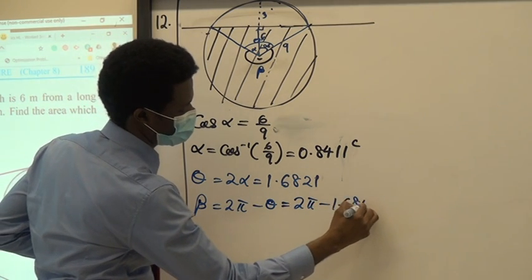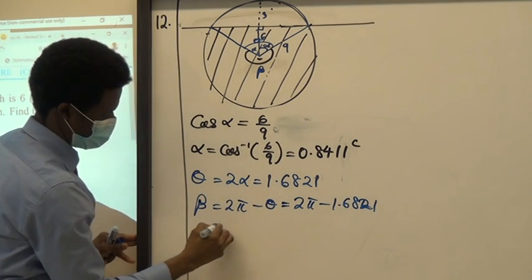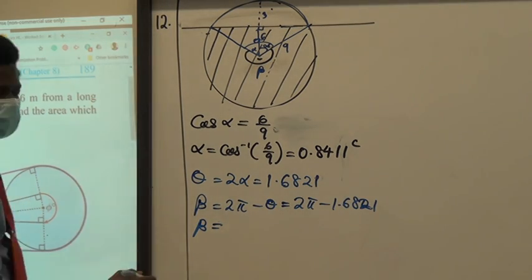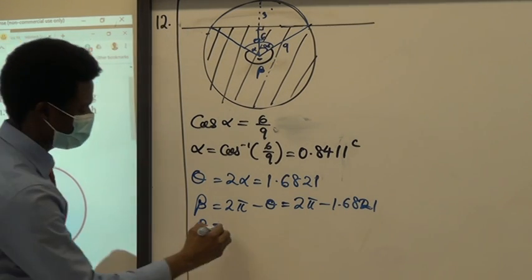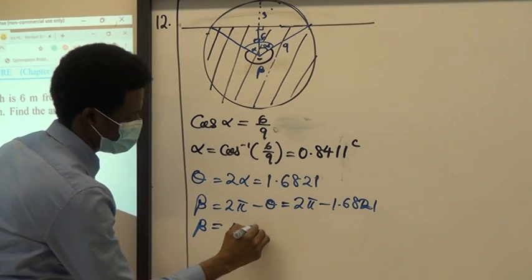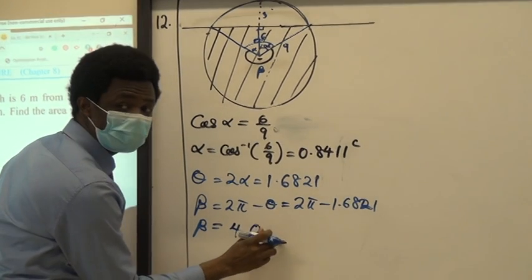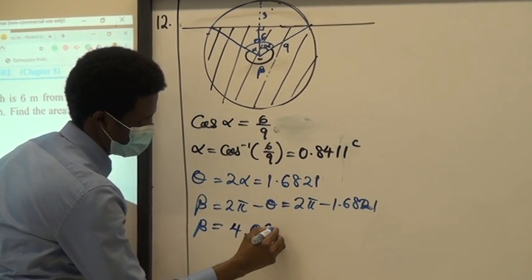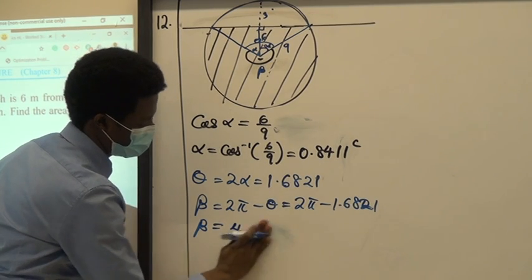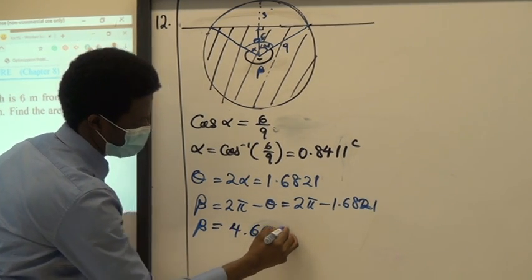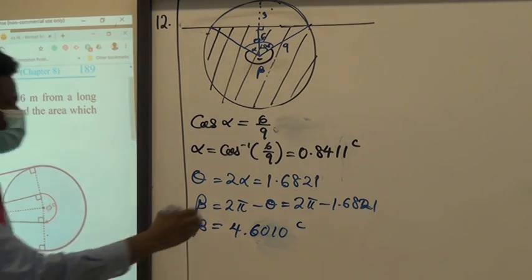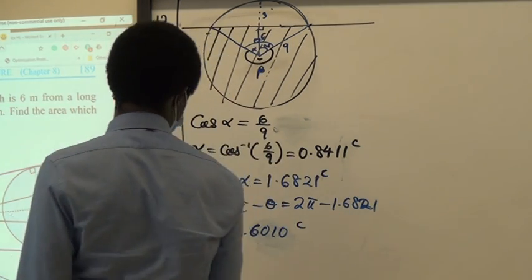So what do you get? 4.6010. So now that we have all the angles, then the work can be done.